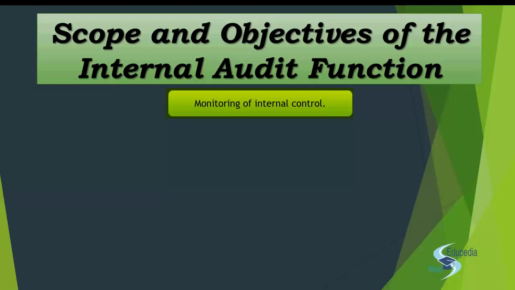Basically, the objectives of the internal audit function vary from client to client, from industry to industry, from company to company, right? Why? The internal audit function, if you have seen over there, as per the definition, depends on the internal control, and your internal control will basically depend upon the size and structure of the entity.